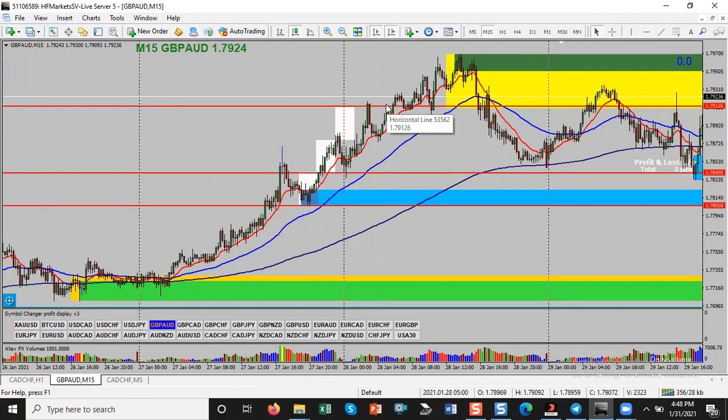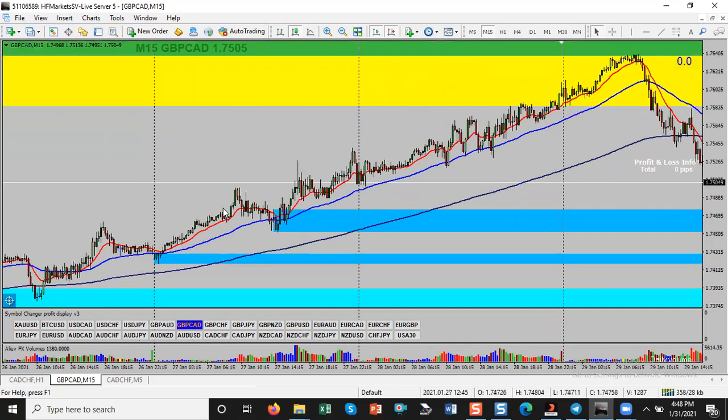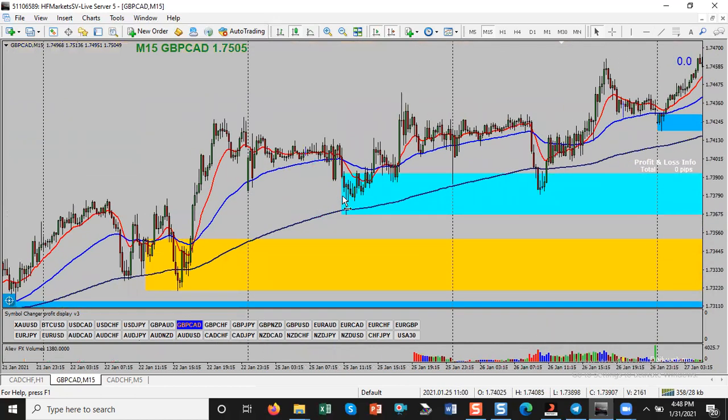So as you can see, this trade moved very well. So these demand and supply zones, they can go off, they can disappear. If price comes back to retest the zone and breaks below it, the zone will disappear. Let's see, we'll have another one. Let's look at this. Okay, this is another one.